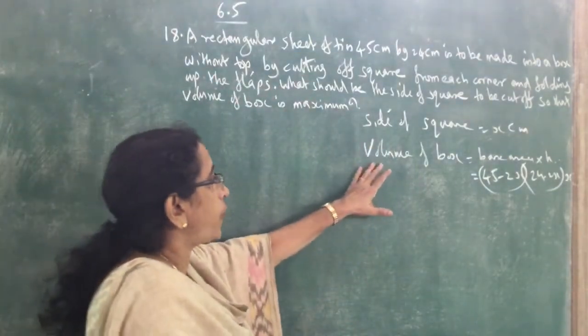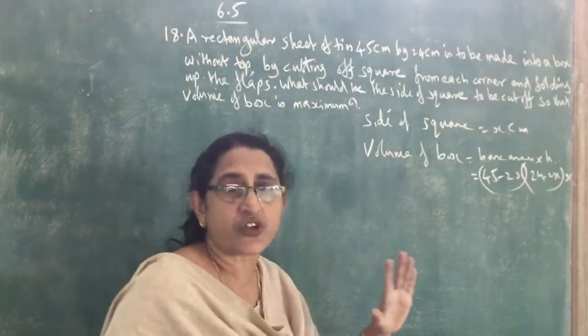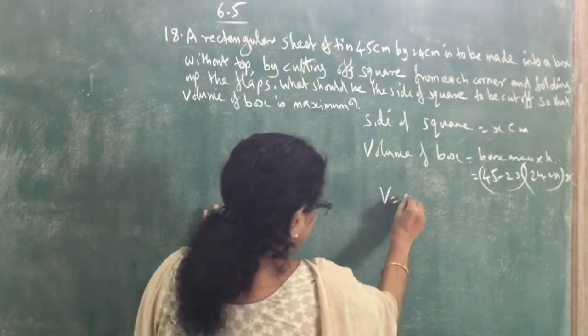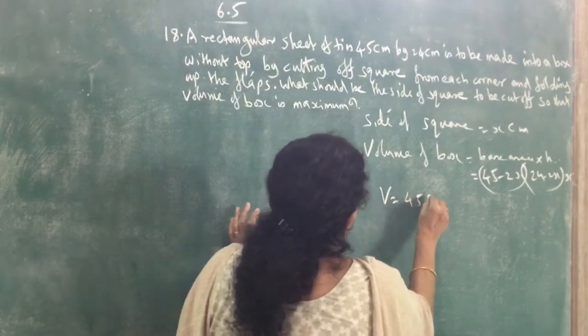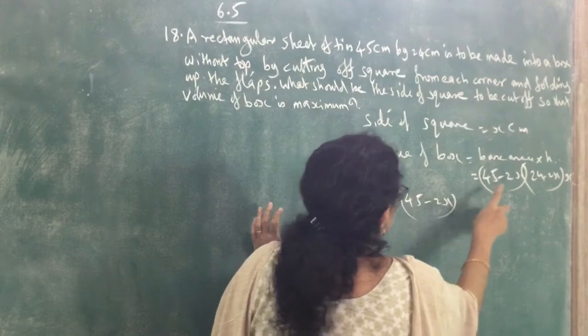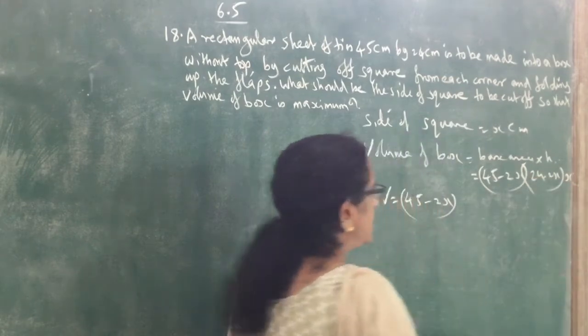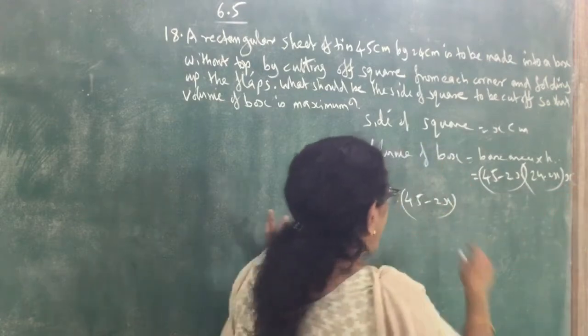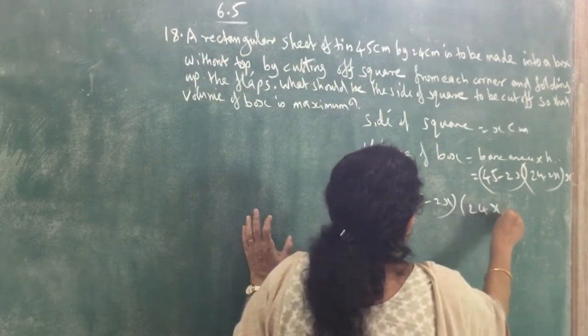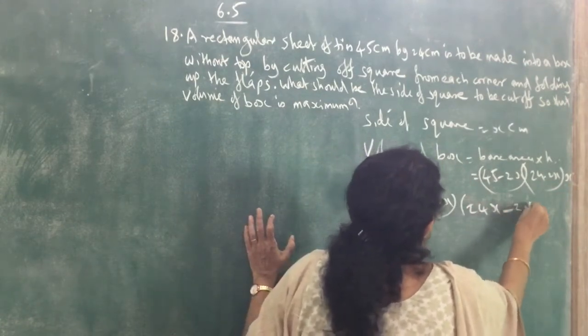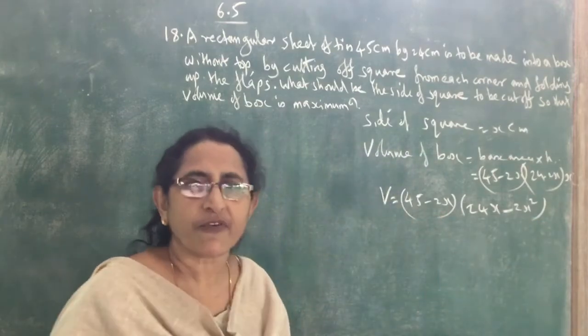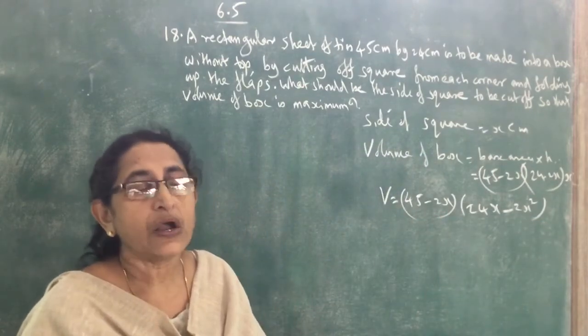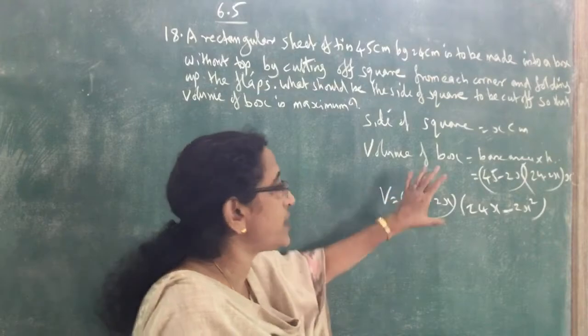So we got the volume V as a function of x: V equals (45 minus 2x) into (24 minus 2x) into x. We have to find for which value of x this volume is maximum.